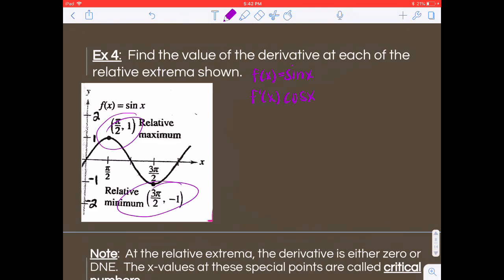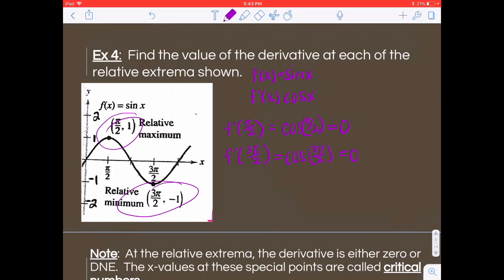When you want to find the derivative at these points, you just plug them in. So f prime of pi over 2 is cosine of pi over 2, which is just 0. And the derivative at 3 pi over 2 is equal to cosine of 3 pi over 2, which is also equal to 0.